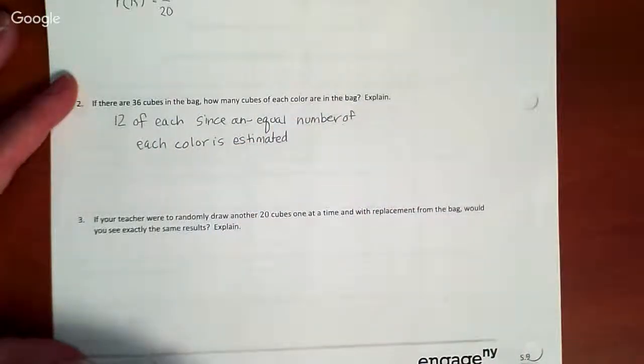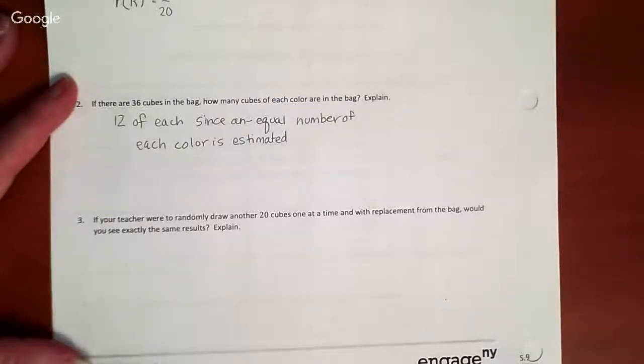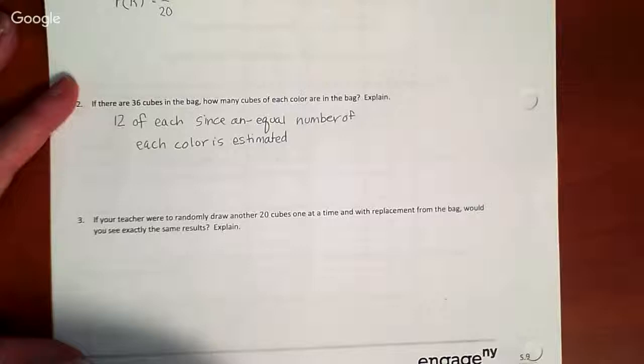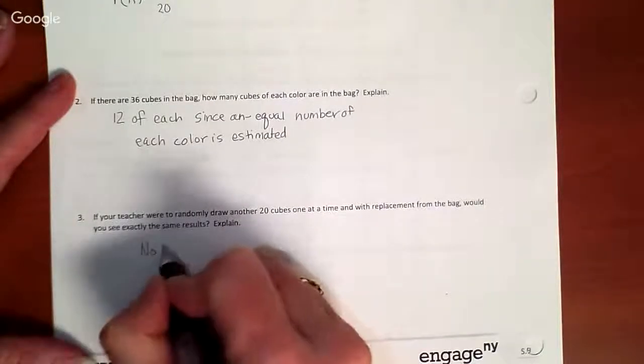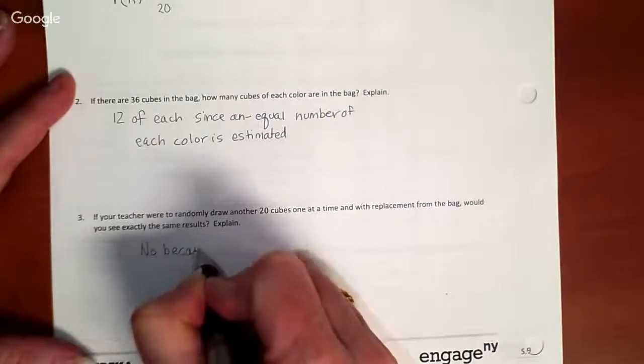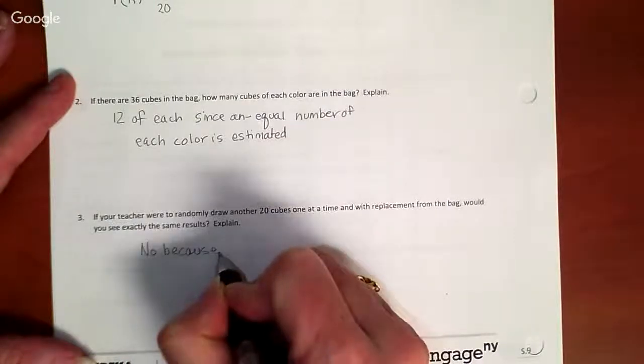It says if your teacher were to randomly draw another 20 cubes, one at a time, and with replacement from the bag, would you see exactly the same results? No, because each one could be different.